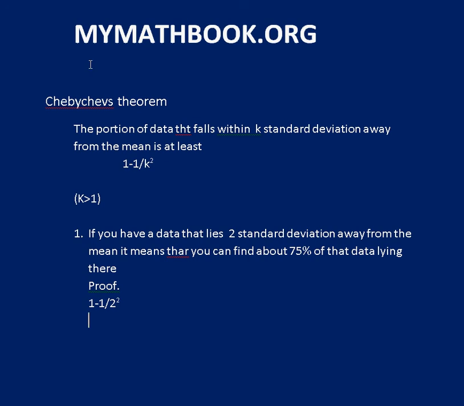And then when you go down, you realize that you're going to have 1 minus 1 divided by 4, and that gives you 3 divided by 4. Now when you convert that into percentage, you're going to have 75%. So that's how we got the 75%. It means that you can find about 75%. So this is the first point.